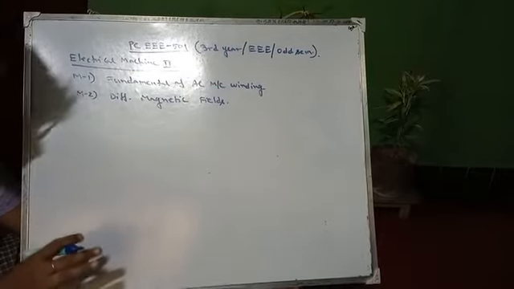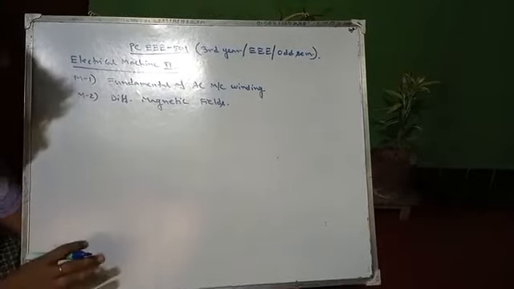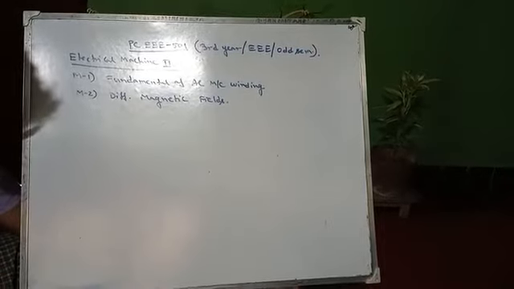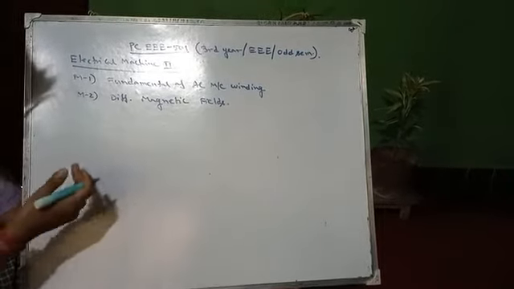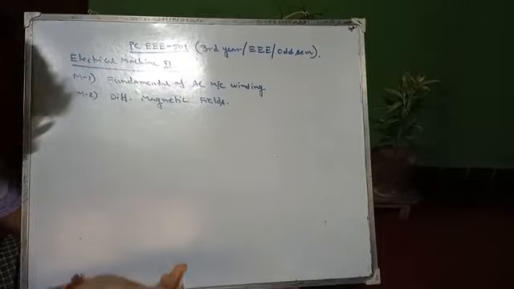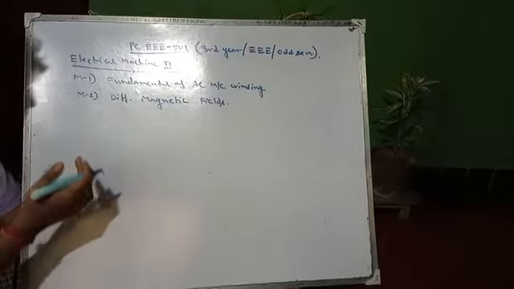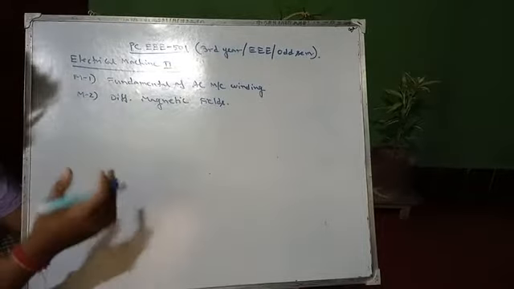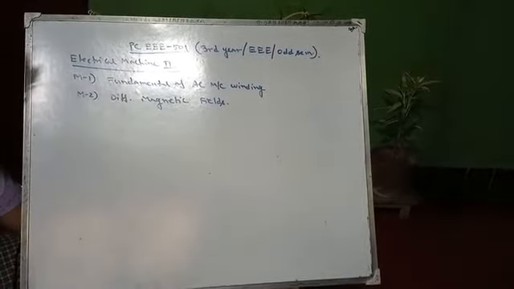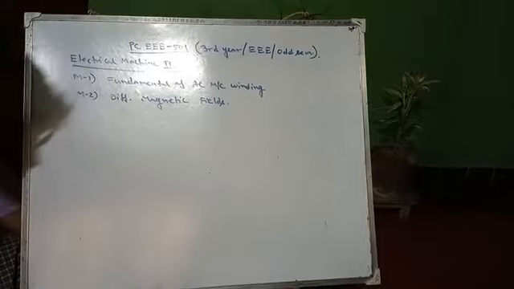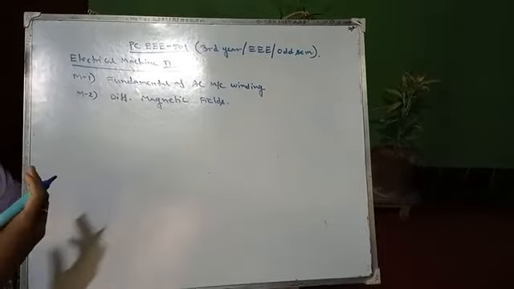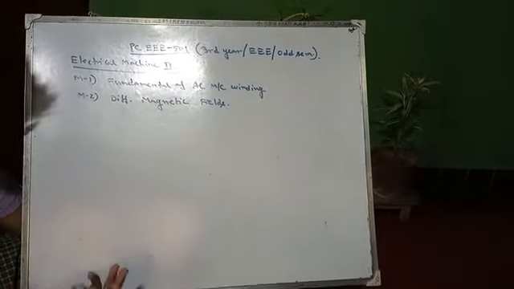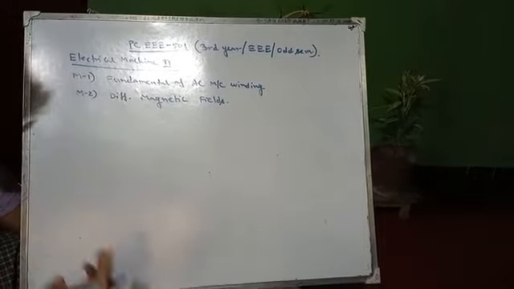We all know that an electrical machine converts electrical energy to mechanical energy or mechanical energy to electrical energy. So this is nothing but an electromechanical or electromagnetic system. An electric machine is nothing but an electromagnetic system, where rotation or electrical or mechanical energy is produced.